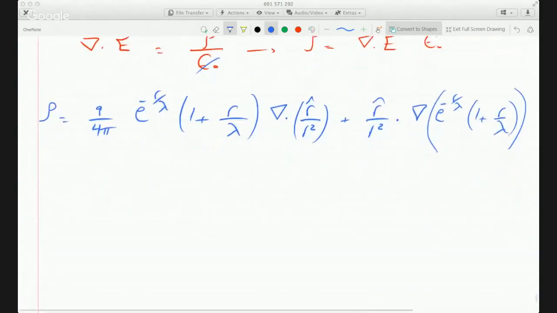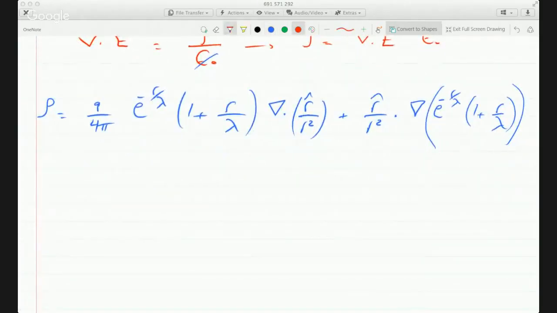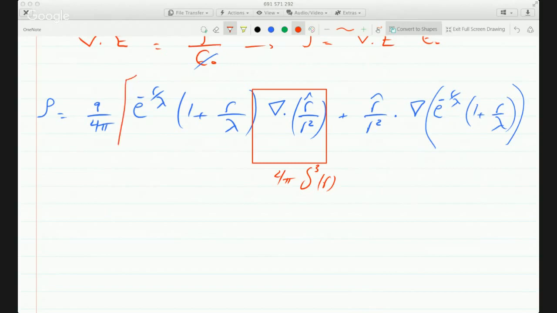Okay, and we know what this is. This is just the Dirac delta function, so this is 4 pi times the Dirac delta function in 3D as a function of r. Now let me put a bracket here and evaluate this first part.